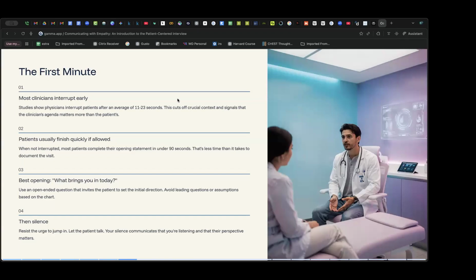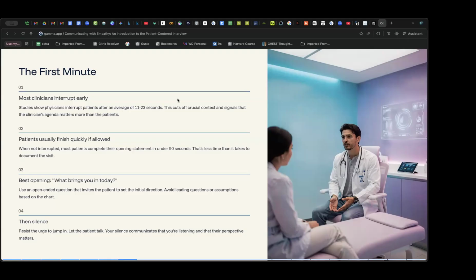For the first minute, what does the first minute mean? There is no second chance in making a first impression. Let me say it again. There is no second chance in making a first impression. How you make the first impression is very important. Most clinicians interrupt early. These are studied.